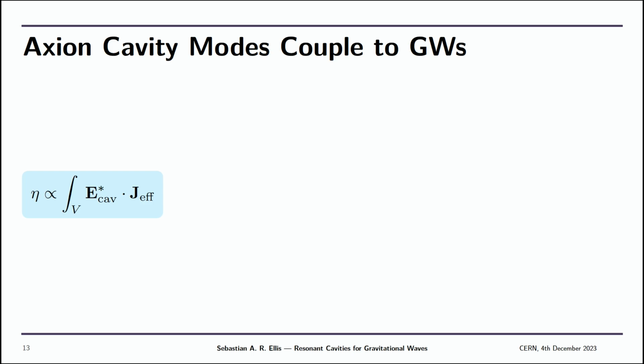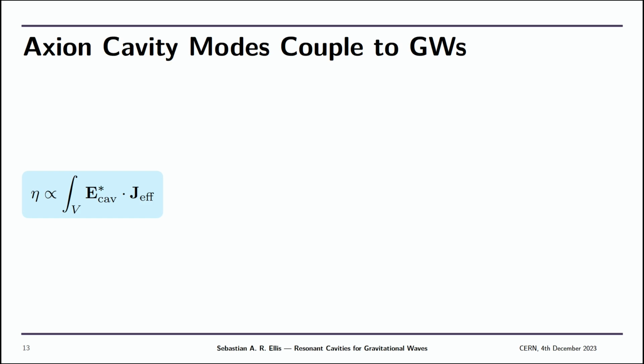So you will recall that the important parameter that I said earlier was this eta, which asked how much does my effective gravitational wave current overlap with an electric field mode of my cavity.